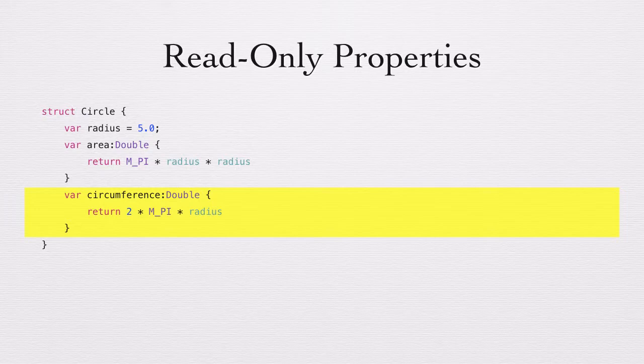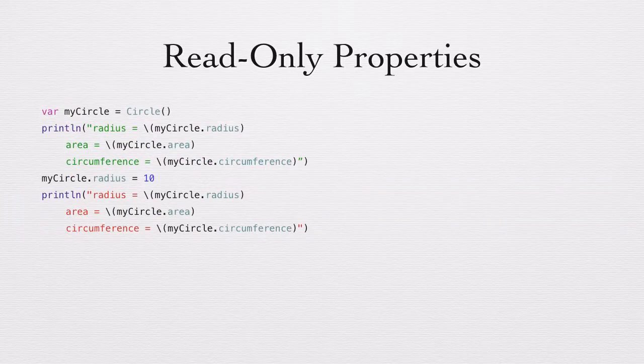Next, we declare one more property called circumference that computes the circumference of the circle. This too is a read-only computed property of the circle structure. Now, let us study how to use these properties. We first create an instance of circle. We print the value of radius property by using the string interpolation.